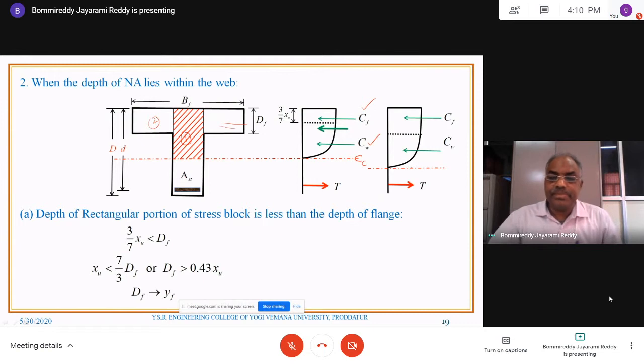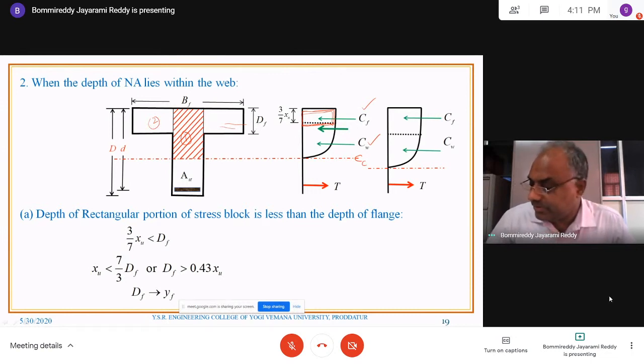But here one more thing is there. In the first case, 3/7 of Xu, which is the rectangular depth of the stress block, is within the Df value.